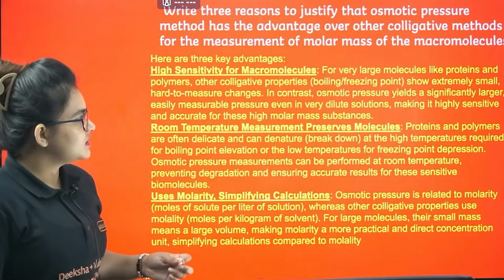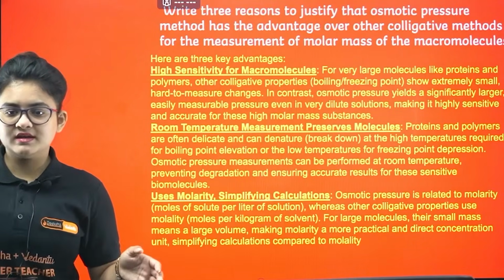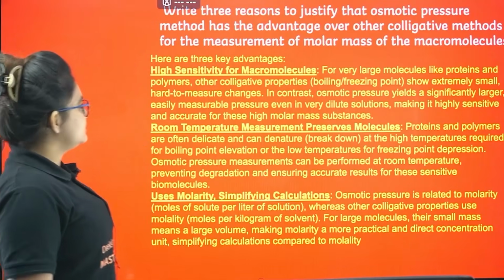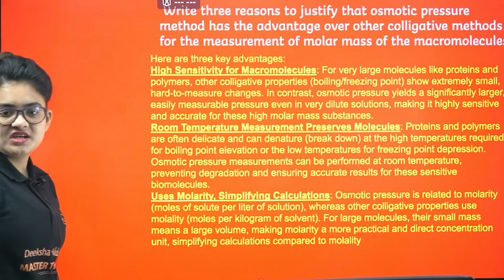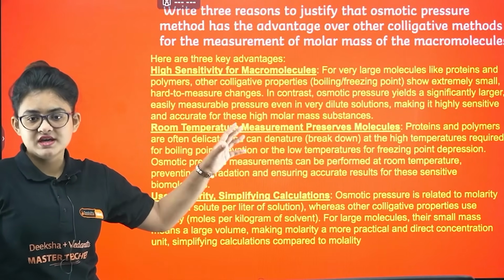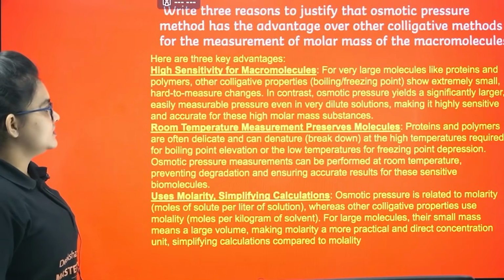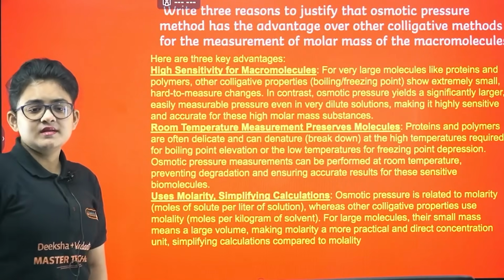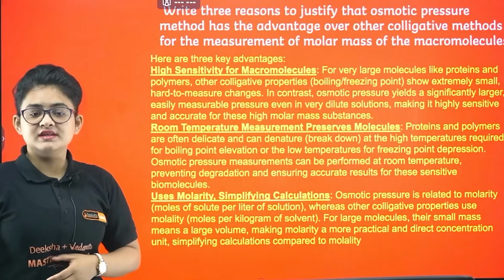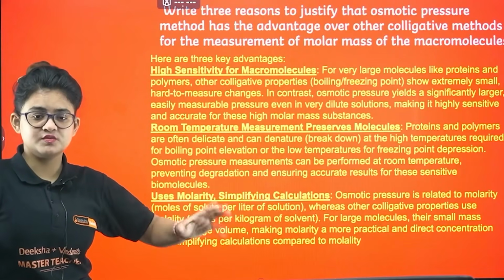Large molecules like protein, polymer, whenever you vary other colligative properties like boiling point or freezing point, it's very difficult to measure the change at that particular variation of temperature because they are very sensitive. Because you need very dilute solution. That's the reason in the osmotic pressure method you can find out the molar mass in very dilute solution. So you can proceed with the osmotic pressure method.